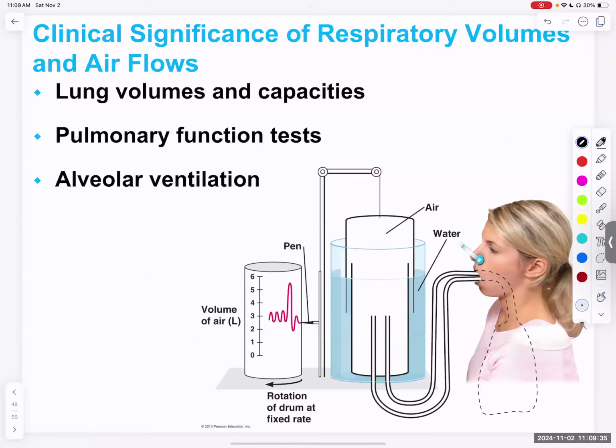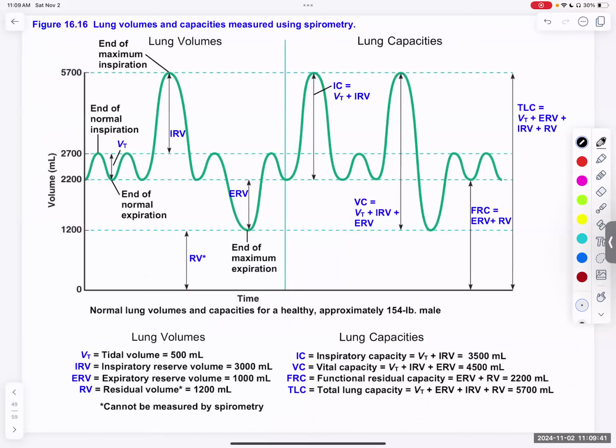And so pulmonary tests, our pulmonary function tests, they're looking at airflow, and this is what we're going to be doing in the lab. So I'm not going to spend too much time on it because we exhaust this in lab, but basically this is looking at air volumes.